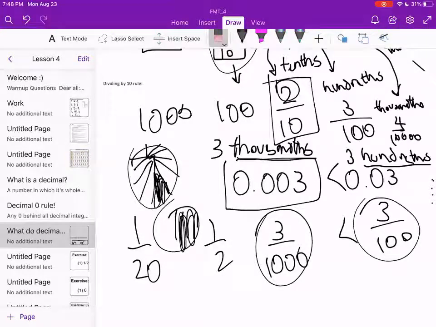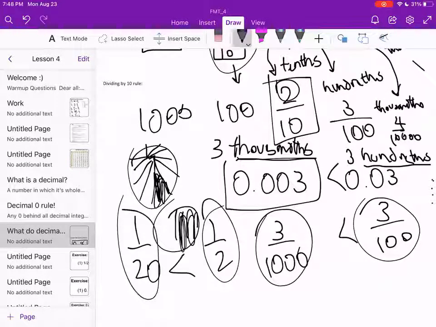Obviously, I'd rather have the whole half piece, right? So that's why half is greater than 1 over 20. That's the same concept over here. Since this denominator is actually smaller, and the numerators are the same, then the number with the smaller denominator is actually going to be greater.